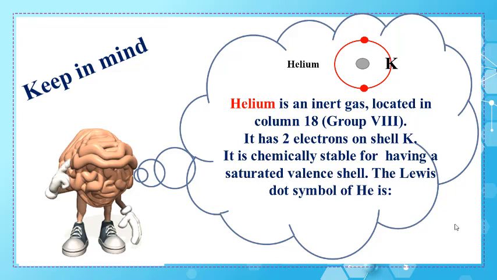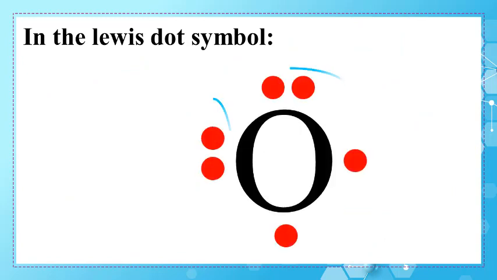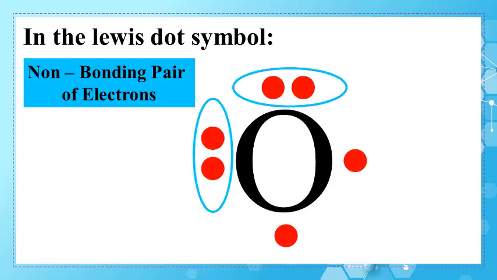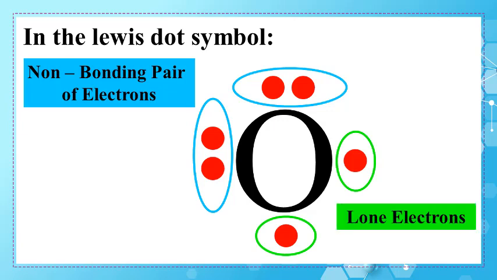Then the Lewis dot symbol of helium will be He, and the 2 electrons will be placed beside each other on one of the 4 sides of the helium atom. From the Lewis dot symbol, we have to know that the pairs of electrons are also called the non-bonding pairs of electrons, while the single electrons are called the lone electrons.